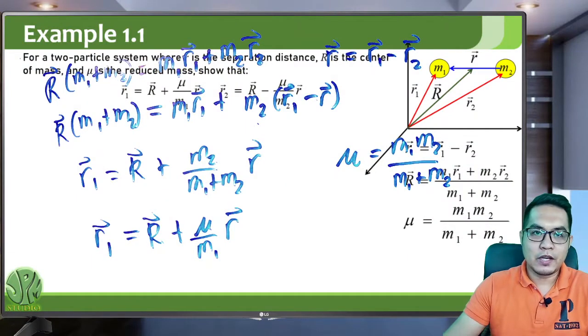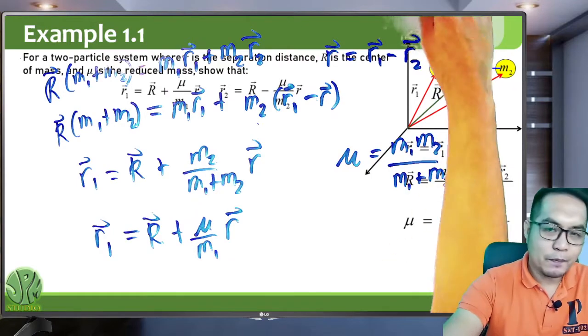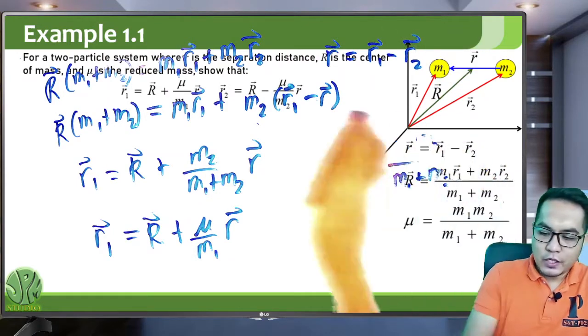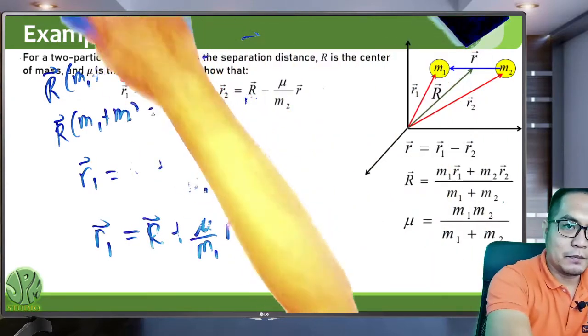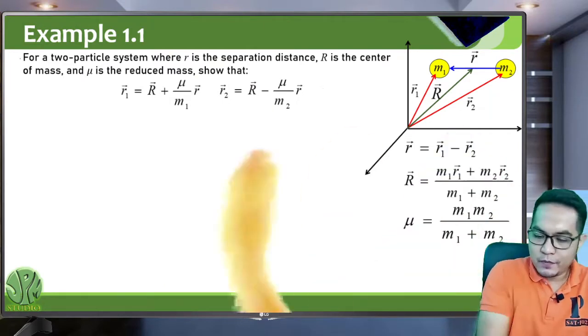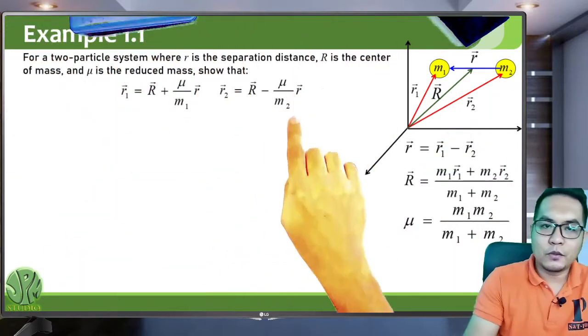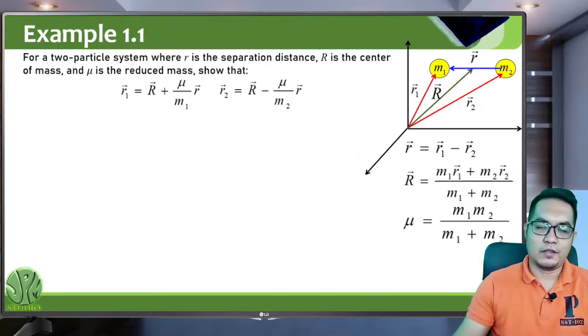So this one, r1 equals R plus mu over m1 r. You do the same steps for the second item, for r2. It's actually just a similar step, and you can get r2 is equal to R minus mu over m2 r. That one.